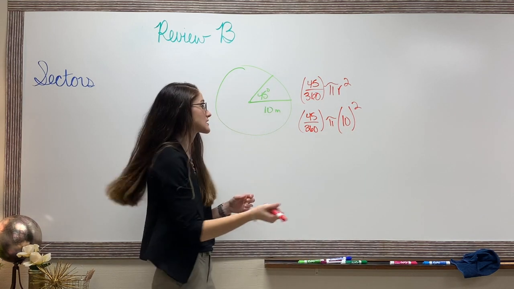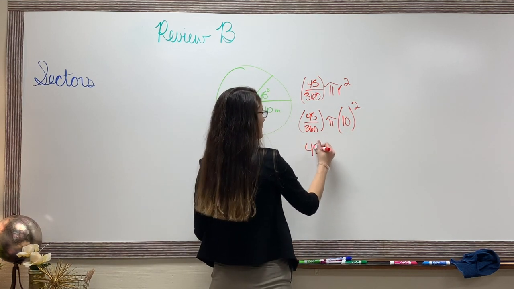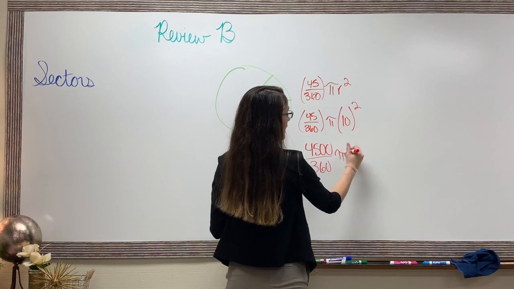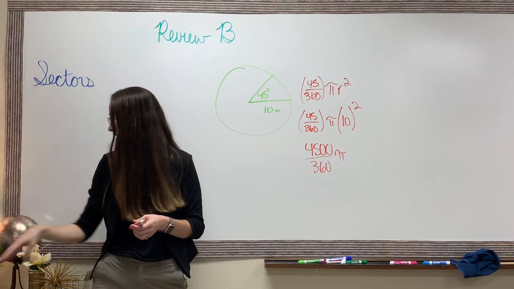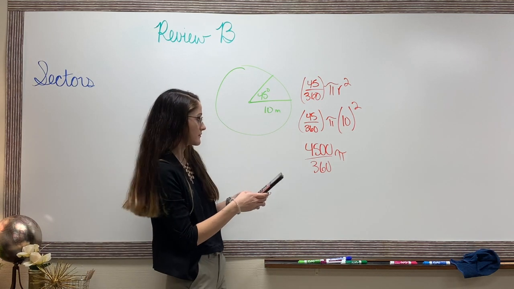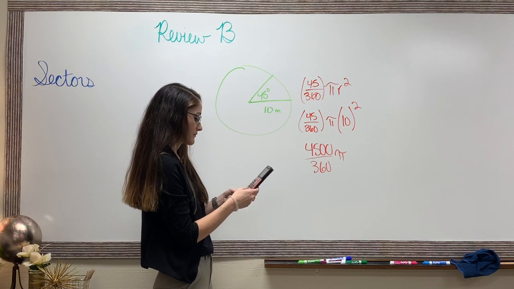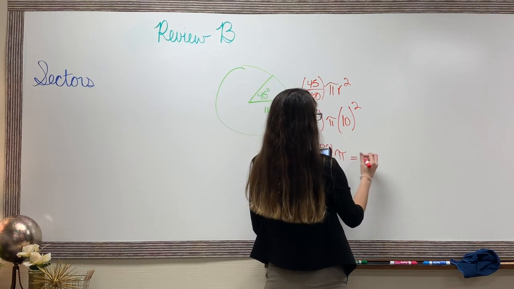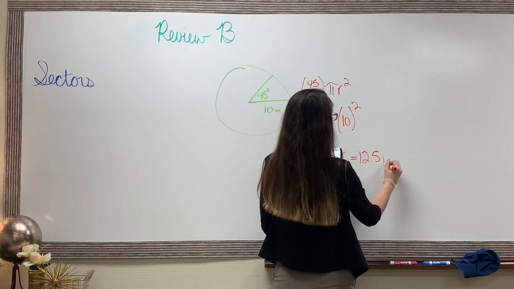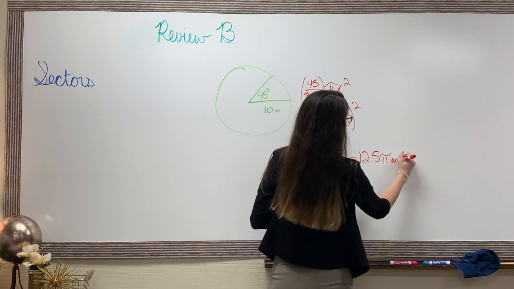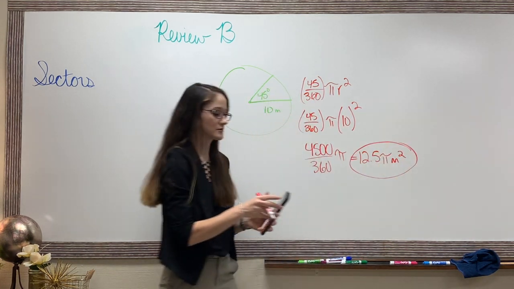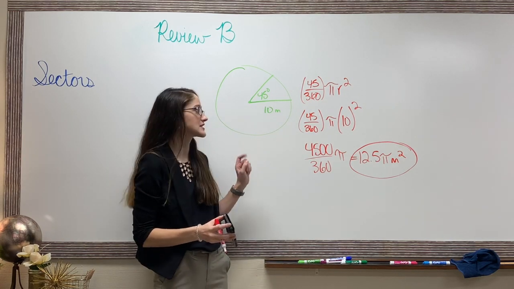And 10 squared is 100. So 4,500 over 360 pi, and we're going to use our calculator to simplify it. And this will be 12.5 pi meters squared. And we have just found the area of this sector.